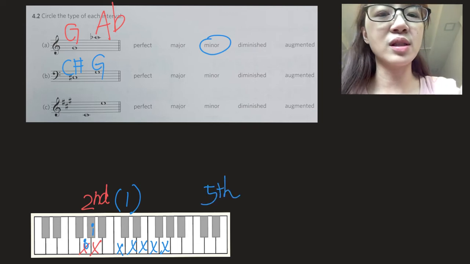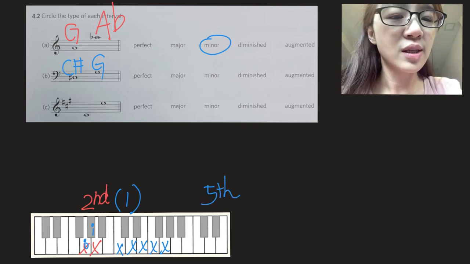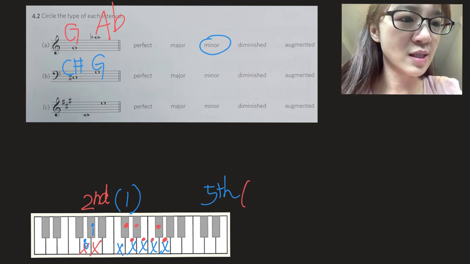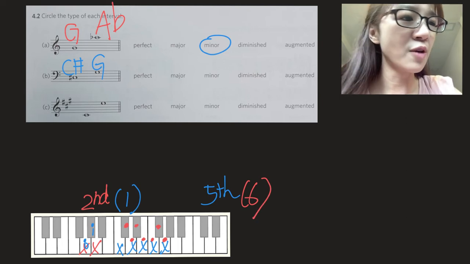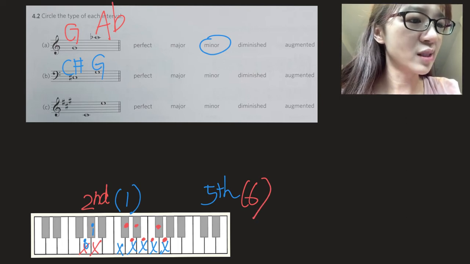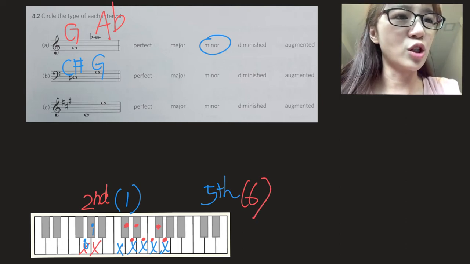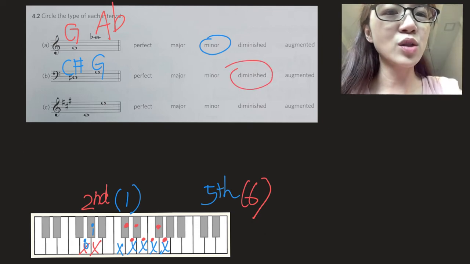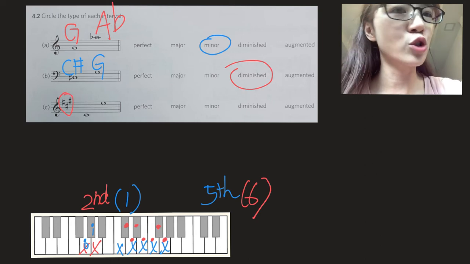And now consider the sharp and flat, C sharp here to the G. So start on 0, 1, 2, 3, 4, 5, 6. 6 semitones. So a 5th with 6 semitones is diminished. Yes, the answer is diminished.